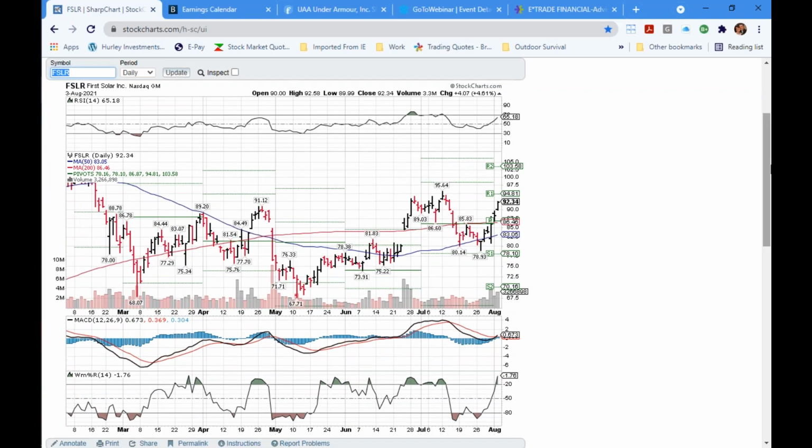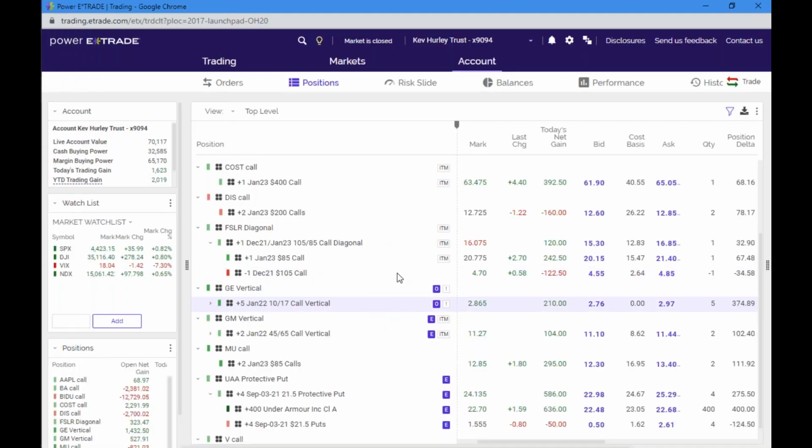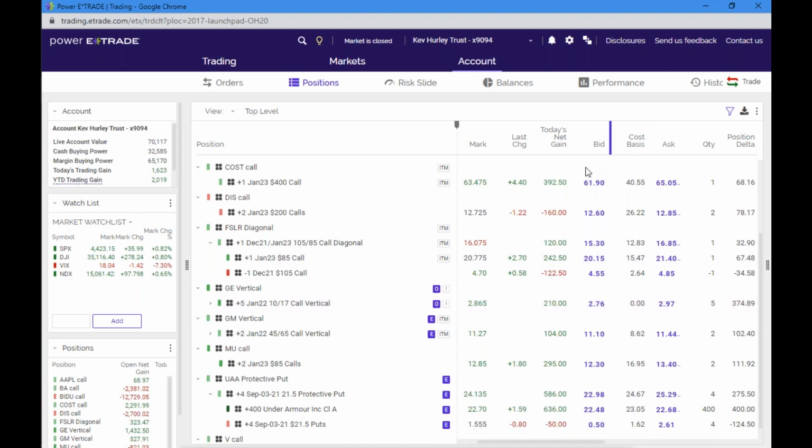If I look at the chart as a whole, I'm getting tempted and ready to pull the trigger on First Solar and just take your profit from it. Could we let it go longer? We could, but we didn't pay $15.47, we paid $12.83.